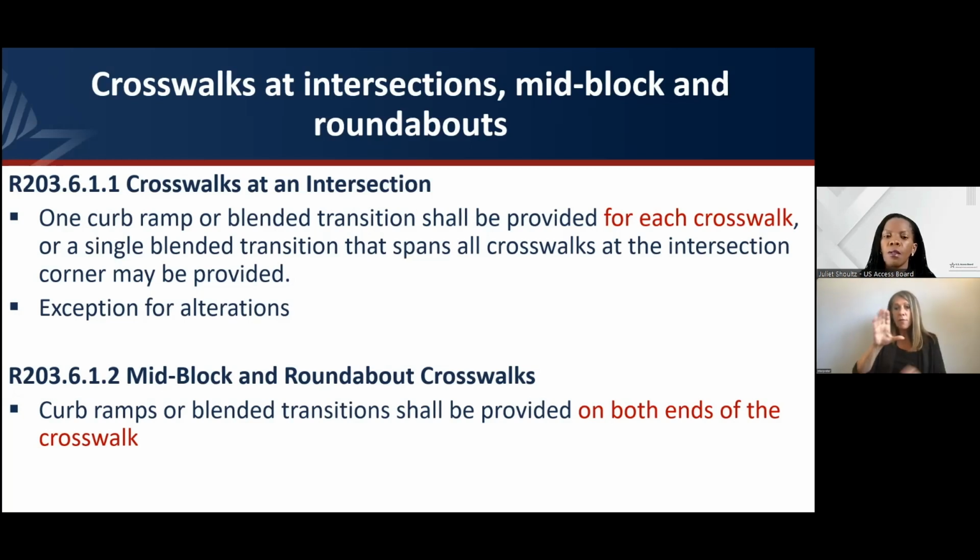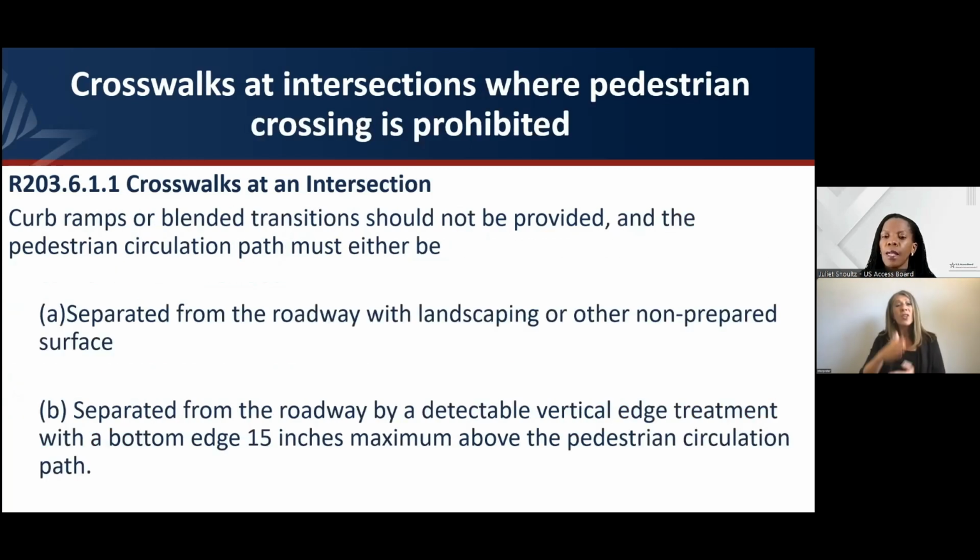At mid-block or roundabout crosswalks, curb ramps or blended transitions must be provided on both ends of the crosswalk. Now, there are provisions that we've added where you have crosswalks at intersections where pedestrian crossing is prohibited. So you'll find that in the same provision, R203.6.1.1, crosswalks at an intersection.